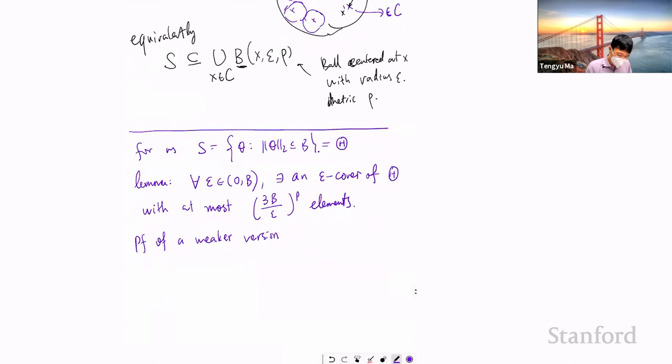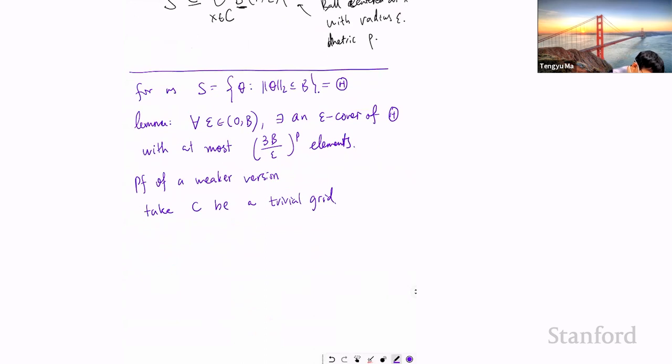So here's the weaker version. It's pretty much like you discretize your space. You just do a trivial discretization using some grid. So you take C to be a trivial grid. It means that you have this ball, and you take the natural coordinate system, and you discretize your space like this.